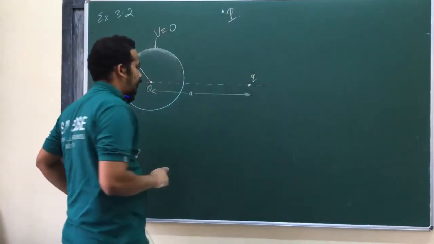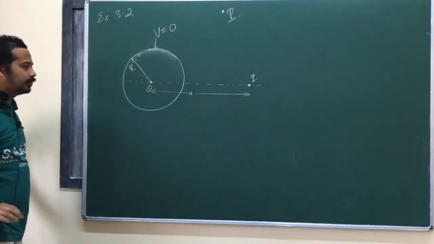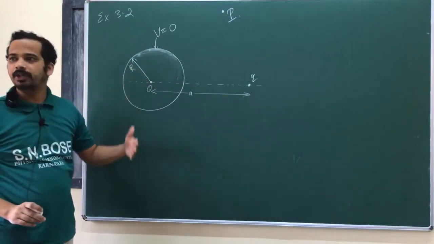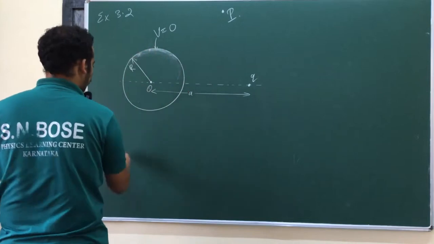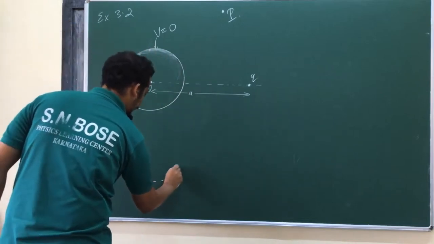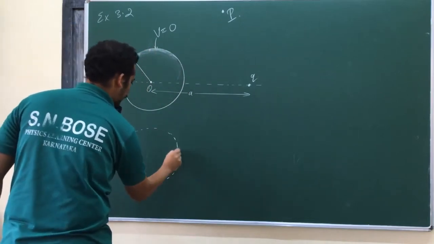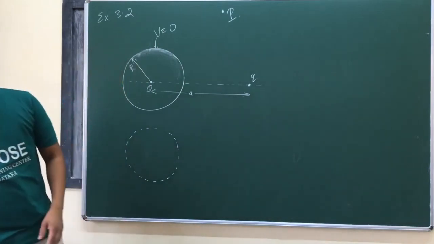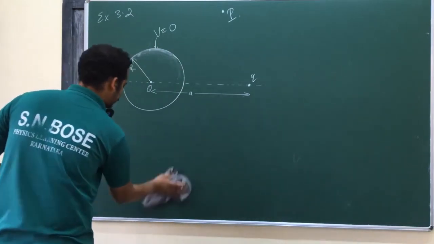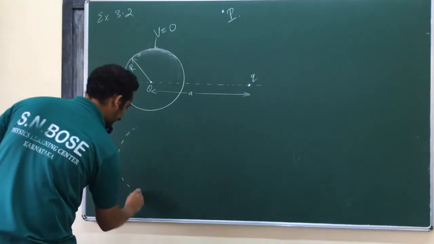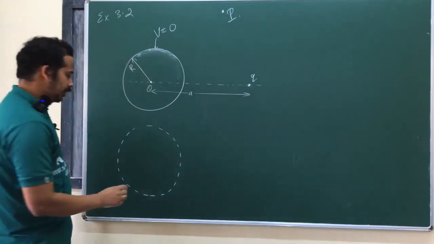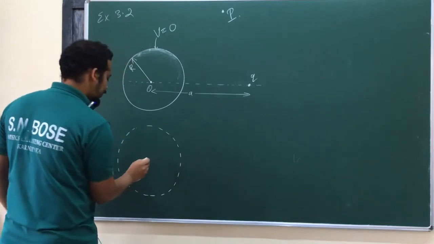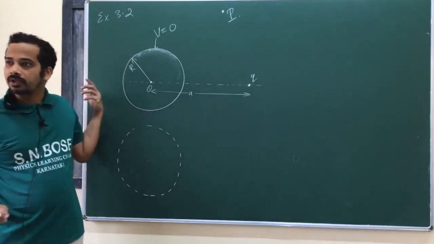So then, look at here, what we do is we replace this one by an image configuration. That image configuration is such a way that, is that the same size sphere? No. I'll just remove this sphere.